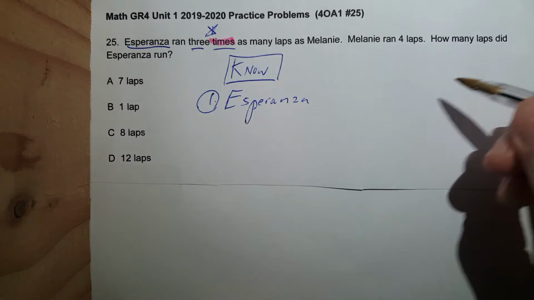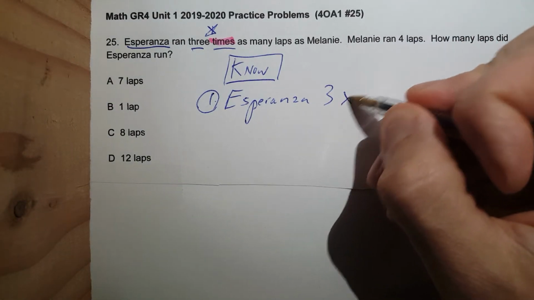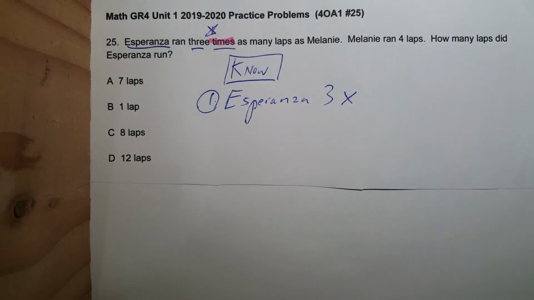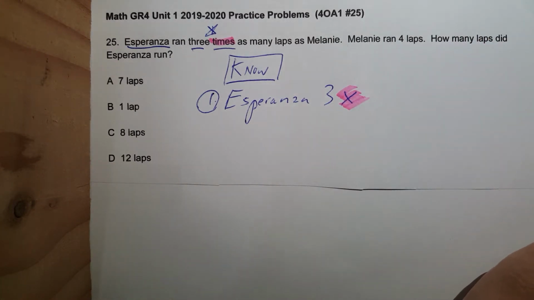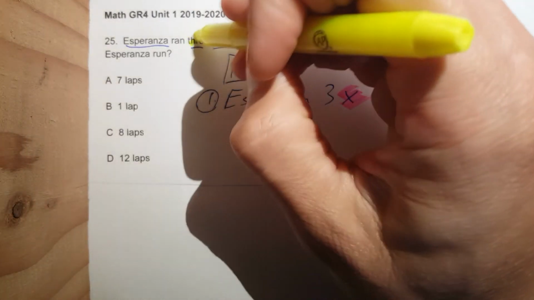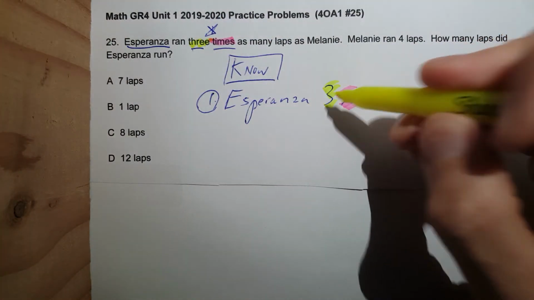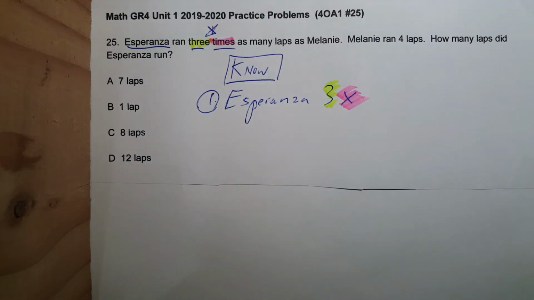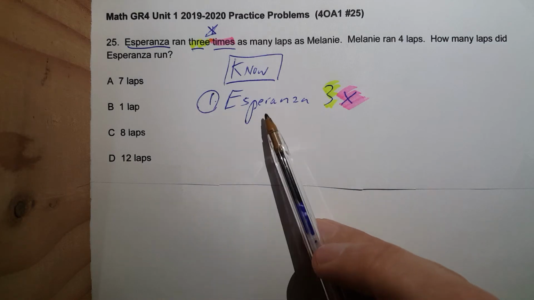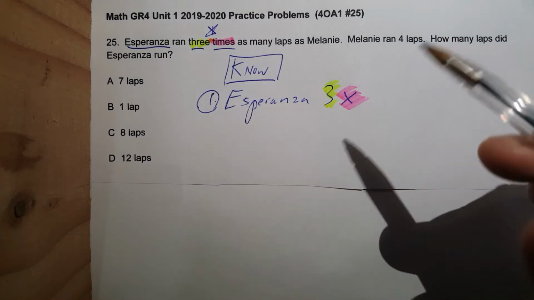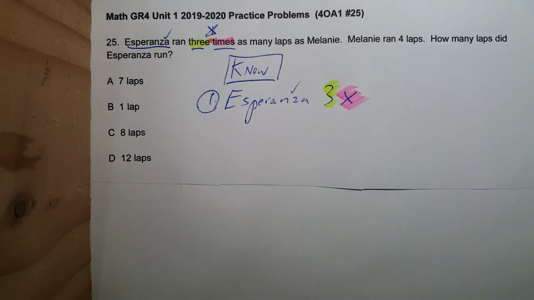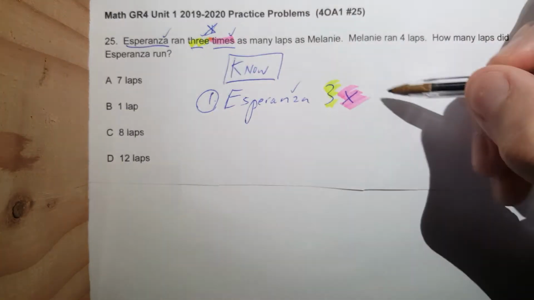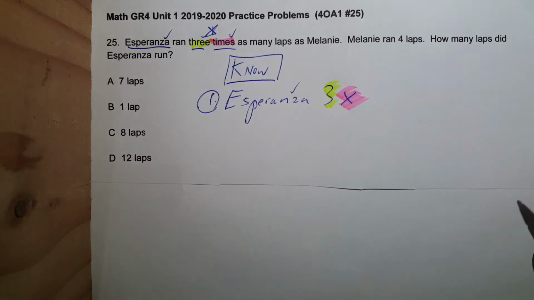I'm going to take that information and put it right here. 3 times. Here's that number 3. Rewind. So where did I get this information? I got it from right here. Right once you are reading word problems, pull out the information. 3 times as many laps as Melanie.